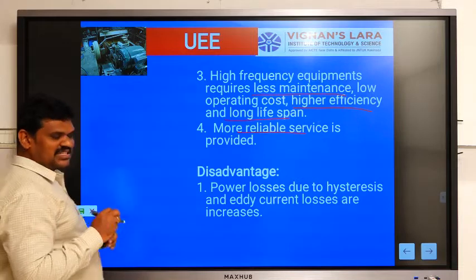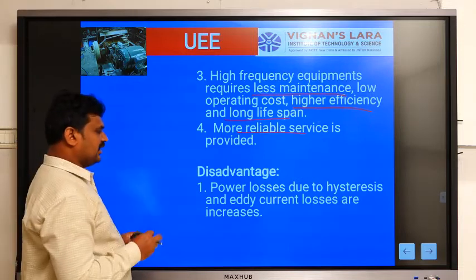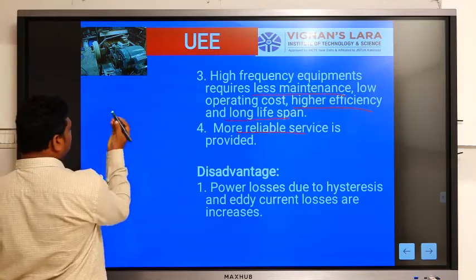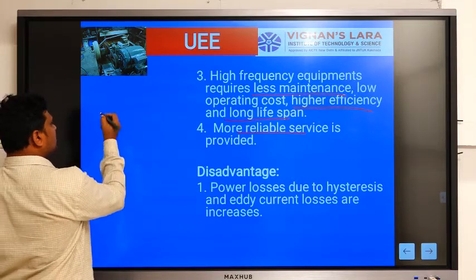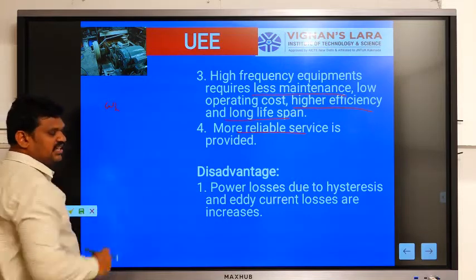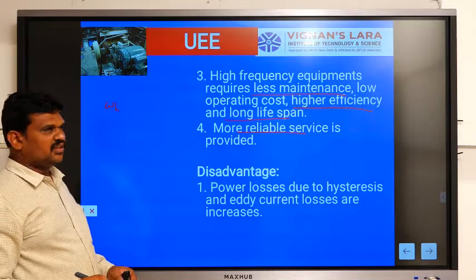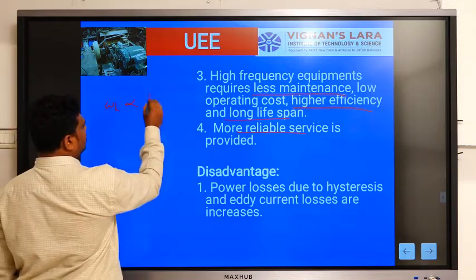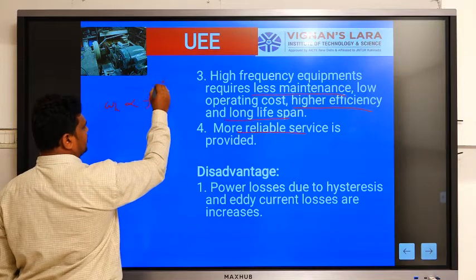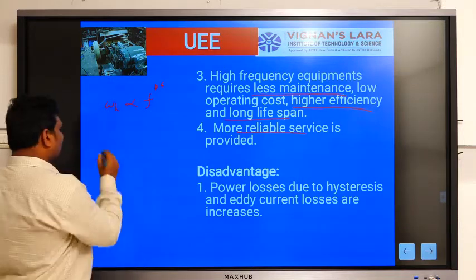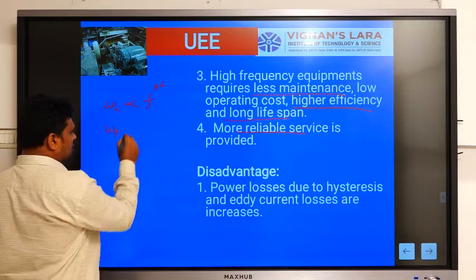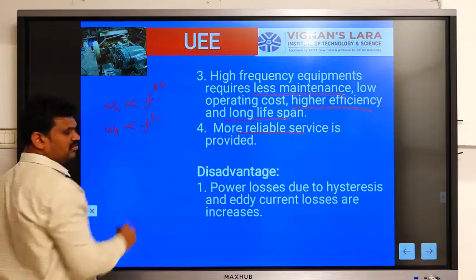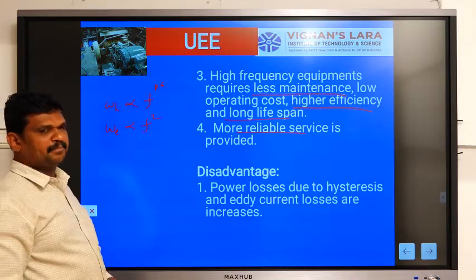Next, what is the disadvantage of this one? The disadvantage is if the frequency increases, the hysteresis and eddy current losses will increase. The hysteresis losses are proportional to frequency to the power of 1.6. The eddy current losses are proportional to the square of the frequency.